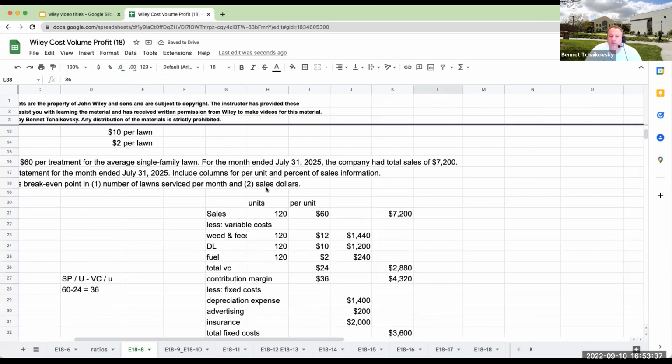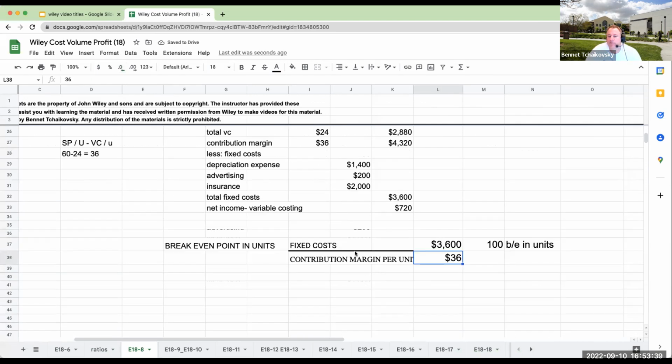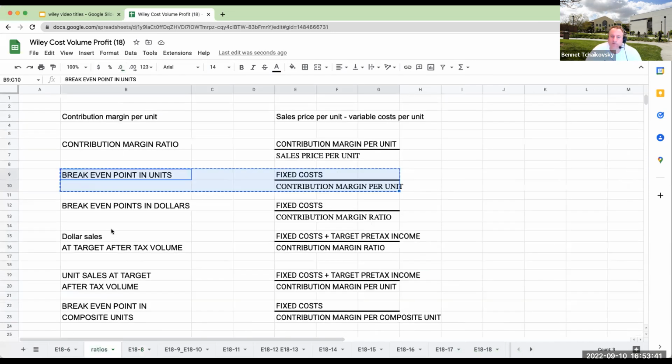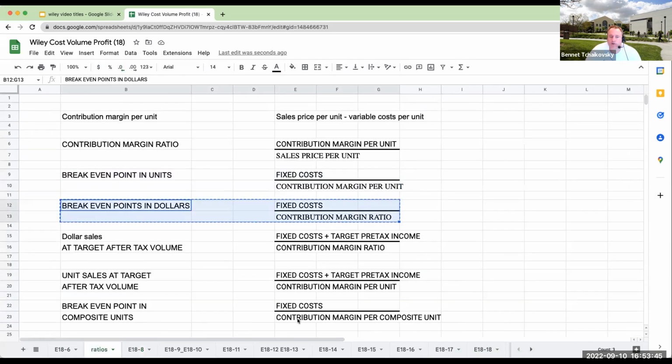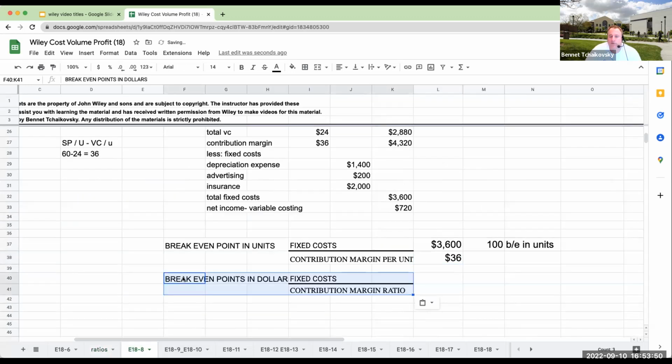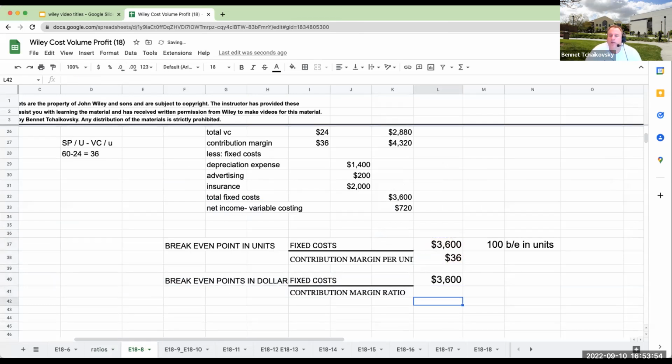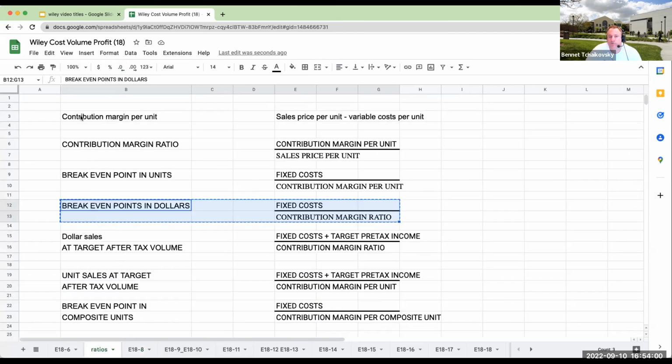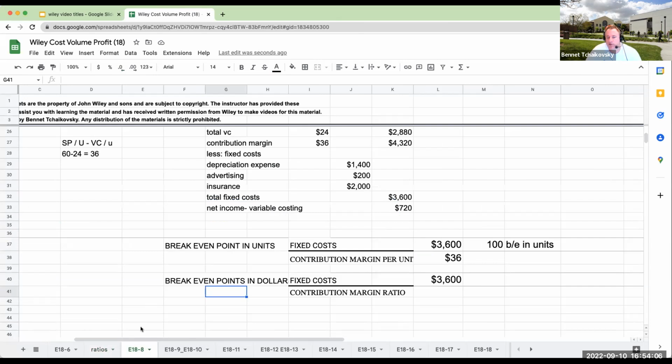The next thing they're asking us for is the break-even point in sales dollars. So my break-even point in terms of sales dollars is going to be right over here. And this is going to be my fixed costs, which are going to be the same at 3,600. But then I'm going to have to come up with my contribution margin ratio. Well, what is the contribution margin ratio? It's going to be the contribution margin per unit divided by the sales price per unit.